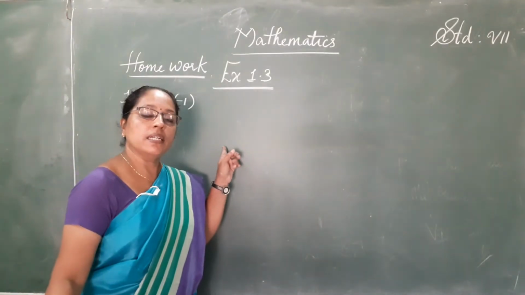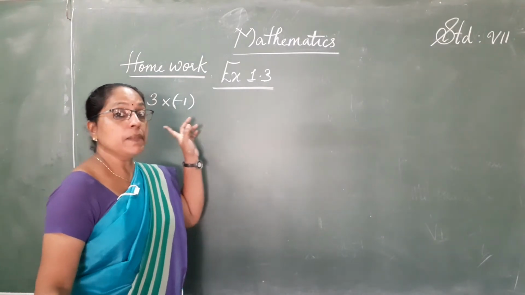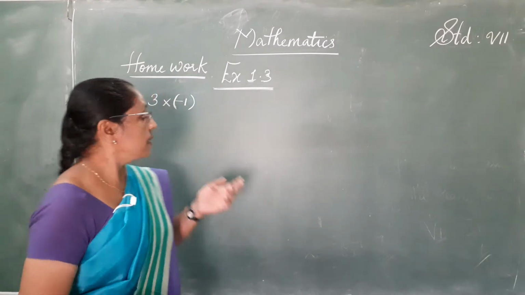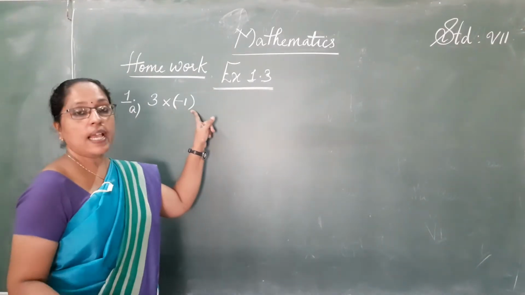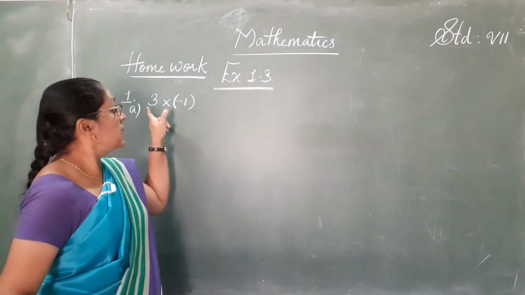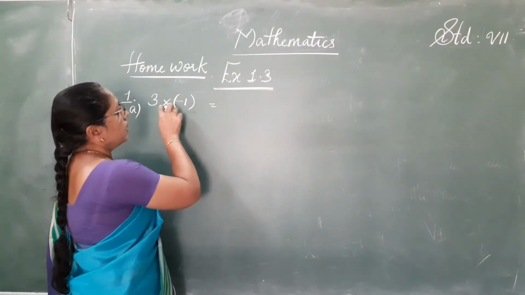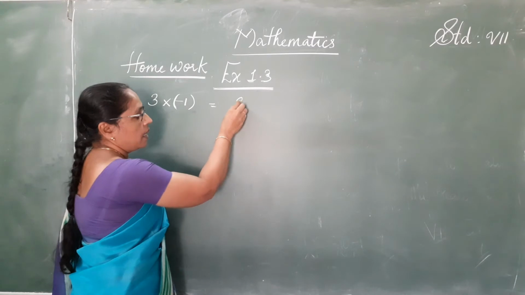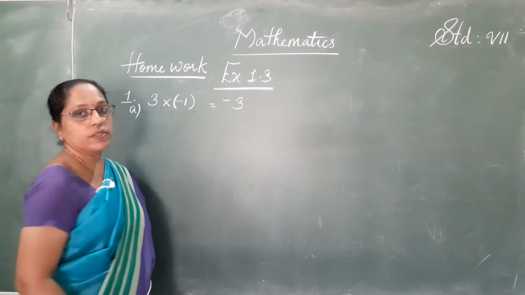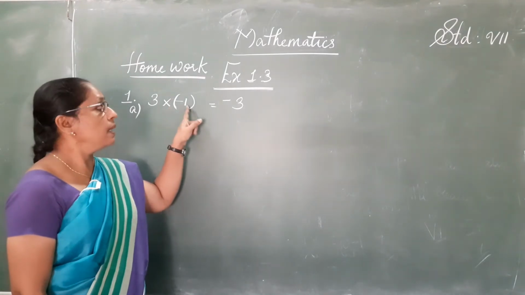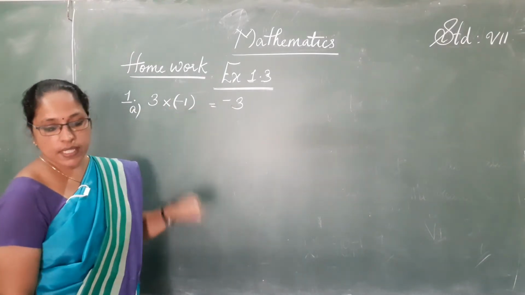In the previous class we learned the rule for the multiplication of integers: when two integers have different signs, multiply and put the negative sign. So we get 3 into 1 is 3, and with the negative sign, -3.